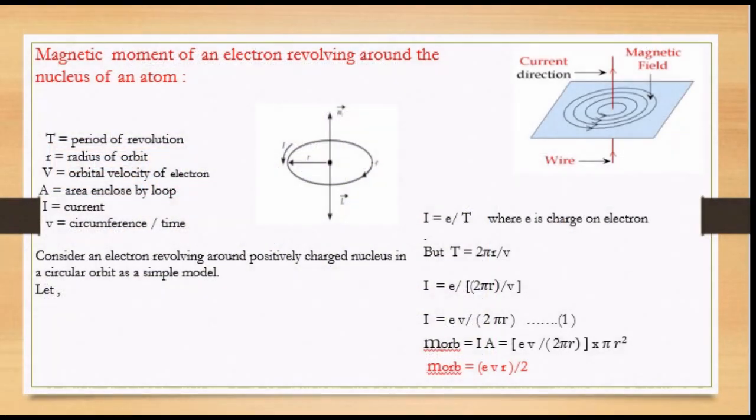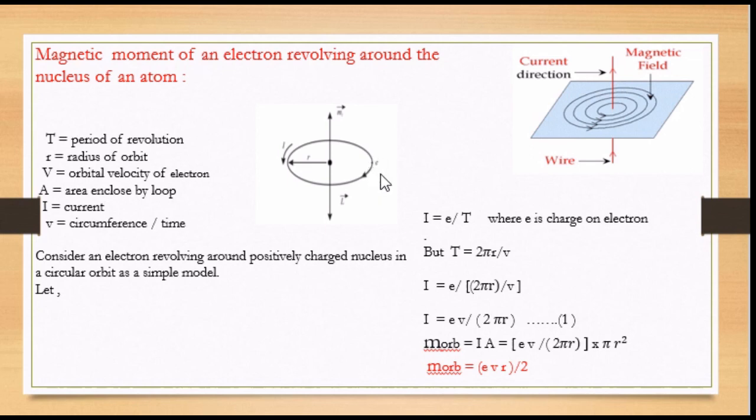Hello students, let us learn the magnetic moment of an electron revolving around the nucleus of an atom. For this purpose, consider a positively charged nucleus and a negatively charged electron revolving around it in its orbit.